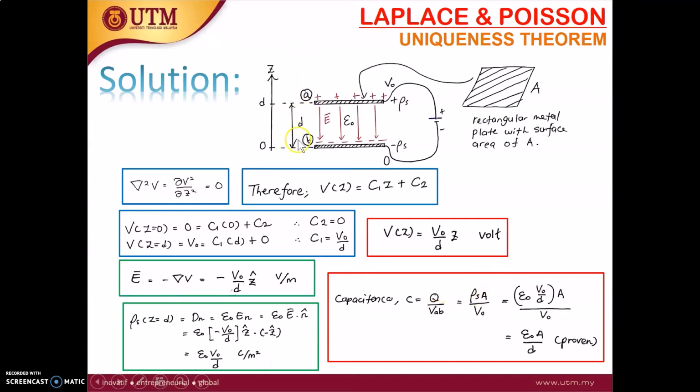The potential between this plate and this plate is basically V0, divided by V0. So you get epsilon naught V0 divided by D multiplied by A divided by V0. So V0 can be cancelled. The final solution is C equal to epsilon naught A over D. So, proven.